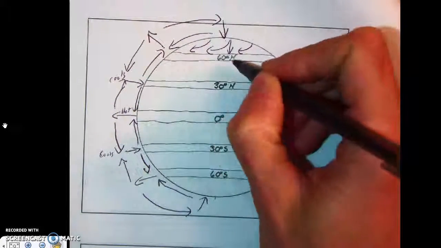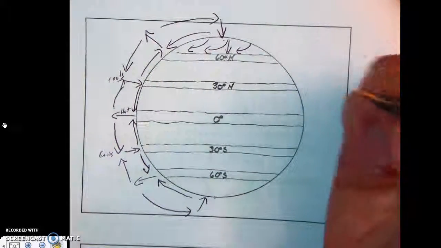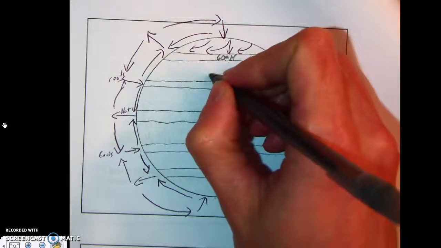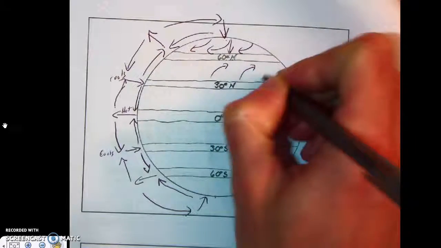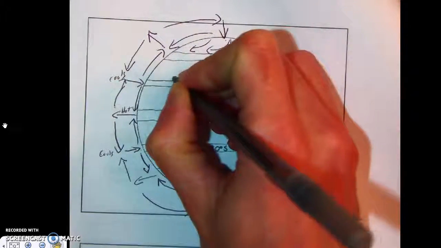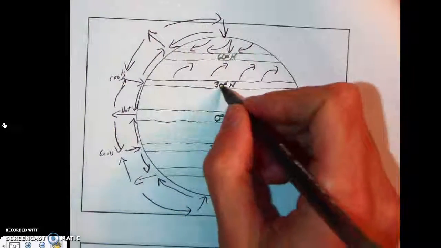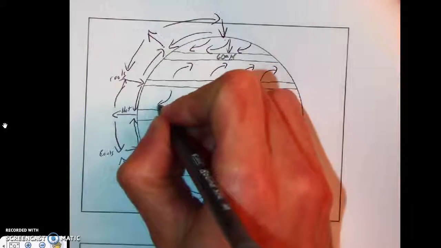From 30 degrees to 60 degrees north, the wind is moving up or north, and now my right is to this side, and now the wind curves like this. And then for 30 to 0, it's going to be curving like this again.